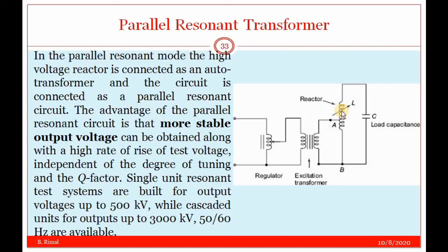Single unit resonant test systems are built up to 500 kilovolt. For a single test transformer, about 100 to 200 kilovolt a single unit is made, and for this single unit resonant test systems are built for output voltage up to 500 kilovolt, while cascaded units for output up to 3000 kilovolts are also available.